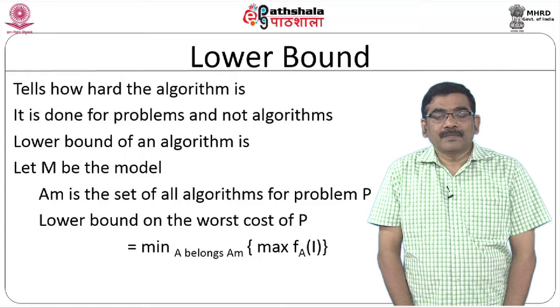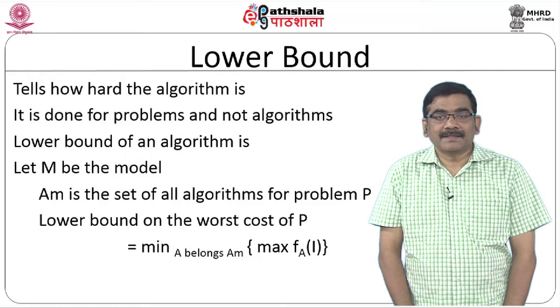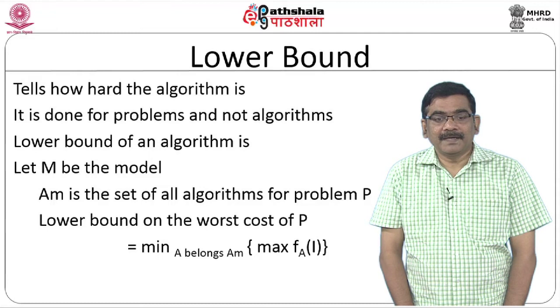So, in order to find that, we require these things. We require a model. Let capital M be the model. A of M is the set of algorithms that are available for solving a given problem P. Then we can say that the lower bound is the minimum number of operations that are necessary to carry out the operation for the given problem for all these algorithms.